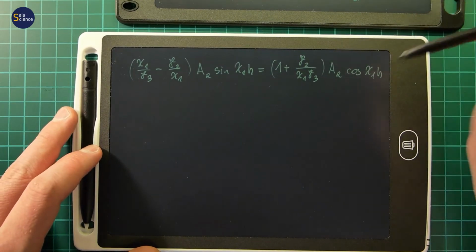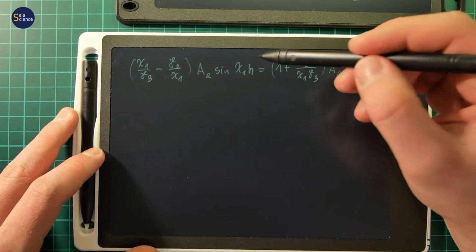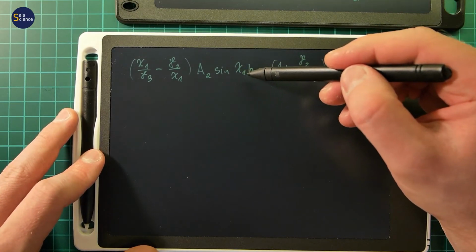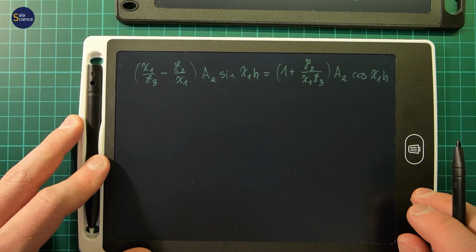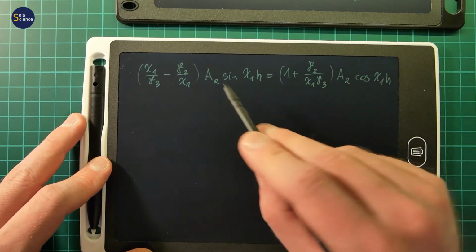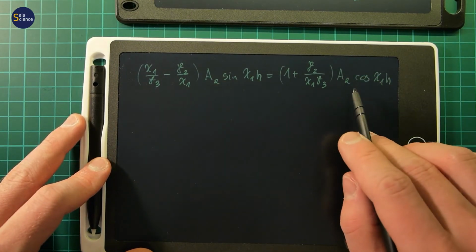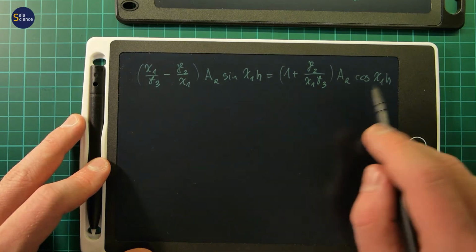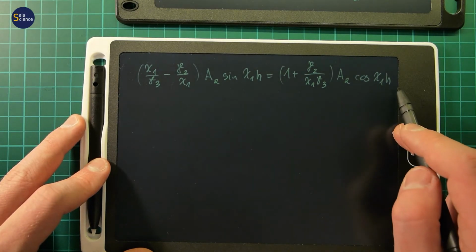So now we can derive a new characteristic equation just by dividing both sides by a2 and dividing by cosine chi1 h.